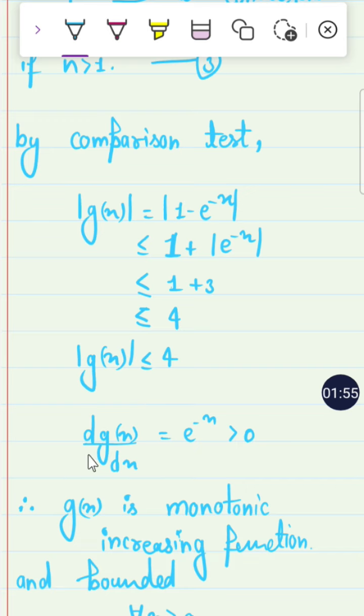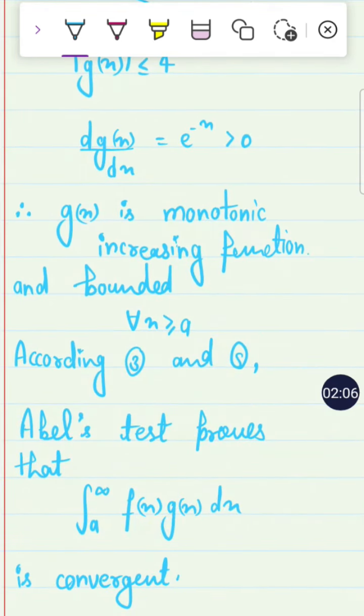Taking the derivative, it is e to the power minus x, which is positive. So g x is a monotonic increasing bounded function. According to Abel's test, when a function is bounded and monotonic increasing and the other function's integral is convergent, this implies that the integral from a to infinity of f x dx is convergent.